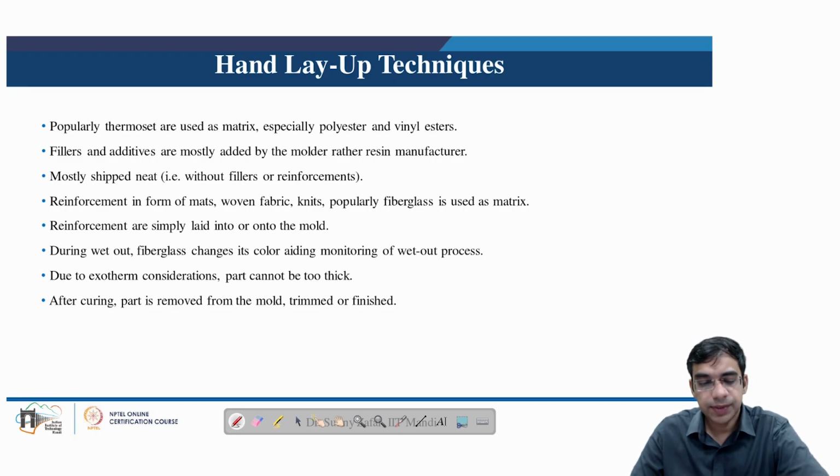Reinforcement of various forms like mats, woven fabrics or knits can be used. Reinforcements are simply laid onto the mold. During wet out, the fiberglass changes its color, aiding the monitoring of the wet out process. Due to exotherm concentration, the part cannot be too thick, as sometimes heat may be released during curing. After curing, the part is removed from the mold, trimmed and finished.